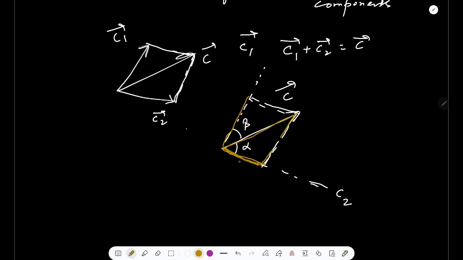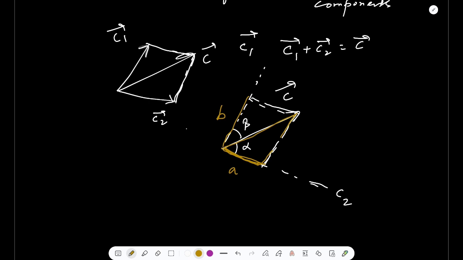So this specific component, a scalar component along c2, I write simply as a, and the scalar component of vector c along the line of action of vector c1, in the direction of vector c1, as b.